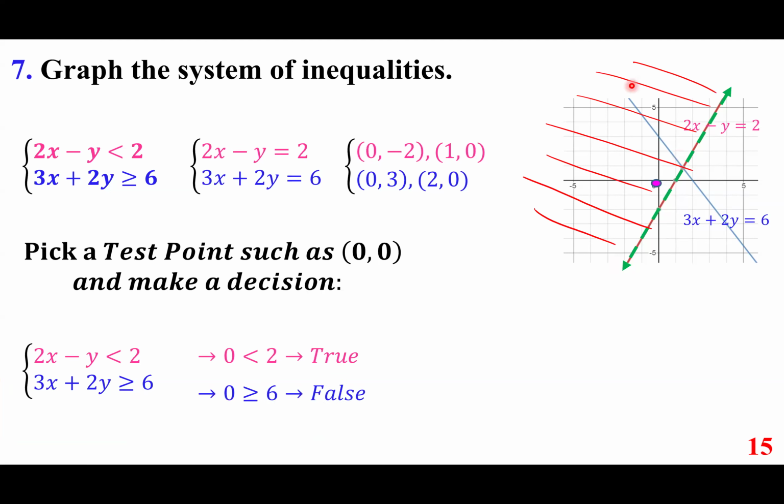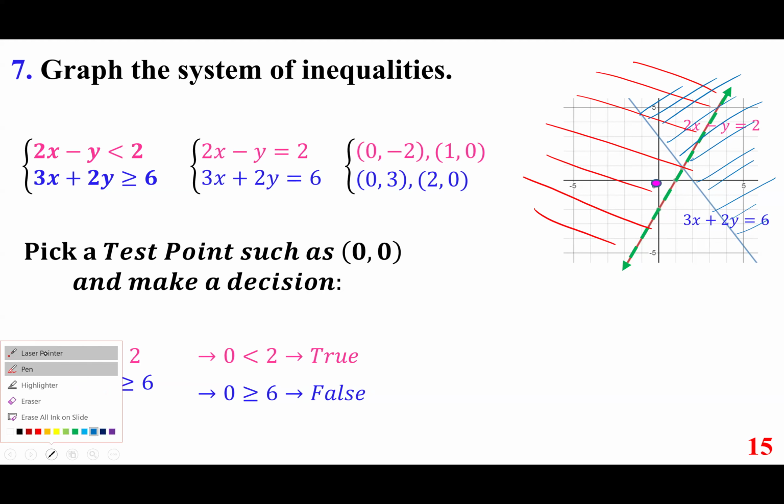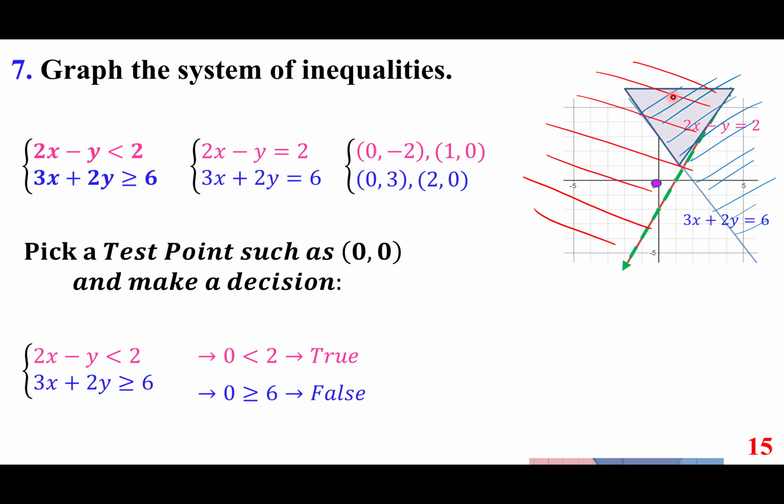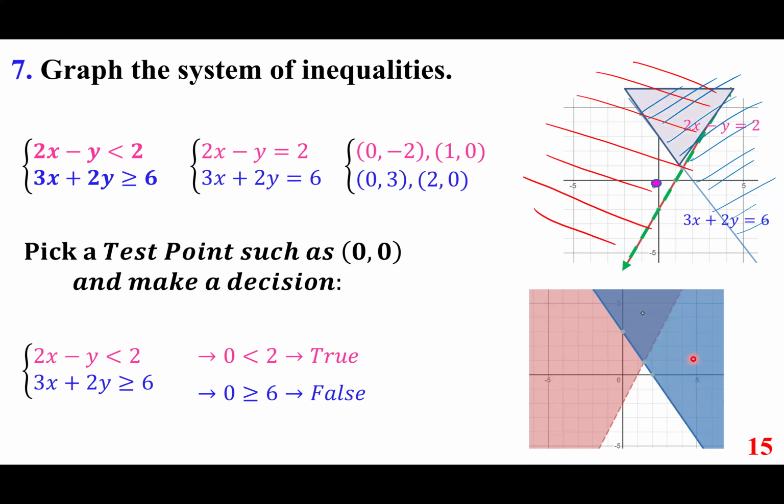So that means for this line, this side doesn't work because this side contains (0, 0), and so the opposite side is the answer. Notice the two lines create 1, 2, 3, 4 regions, and the region where the two solutions come together is here. That would be the answer, and perhaps it's easier to see it from here.